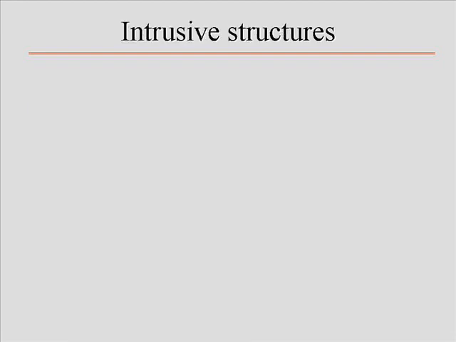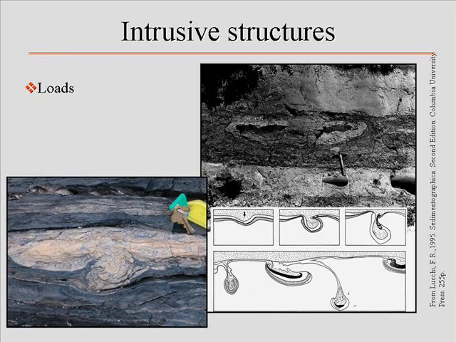Now, intrusive structures, these are kind of cool. Intrusive structures are those things that either go from the surface downwards or go from the base upwards. In other words, they cut through rocks. The first of these things are called load structures. Load structures occur where you have sand sitting on top of very wet mud.